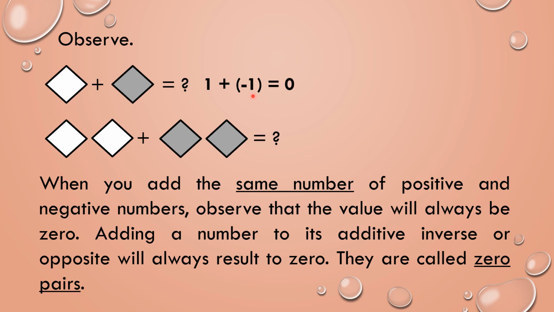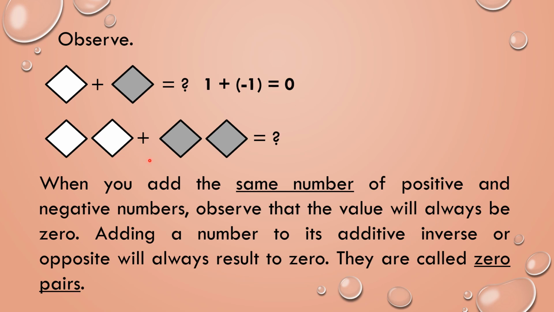Ito ay dahil hindi pwedeng magkatabi ang dalawang sign. So since may plus sign at may negative sign dito, para hindi nakakalito tingnan, palagi nating lalagyan ng open and close parentheses. So nakagroup na ang negative 1 dito sa loob at hindi na katabi ng negative sign ang plus sign. Therefore, 1 plus negative 1 is equal to 0.